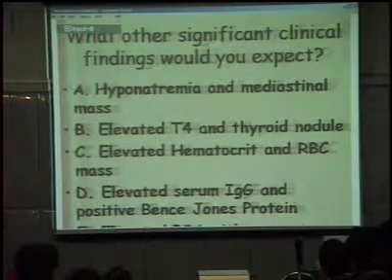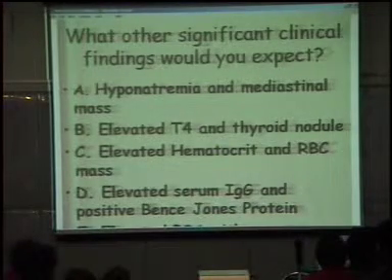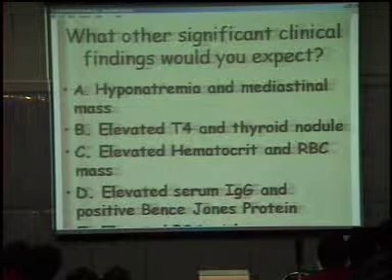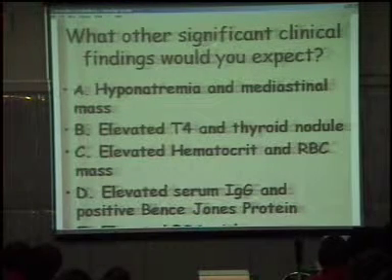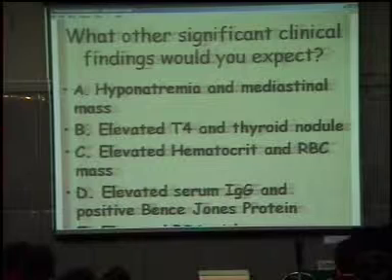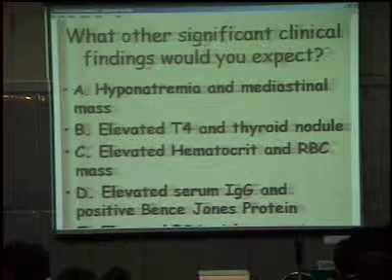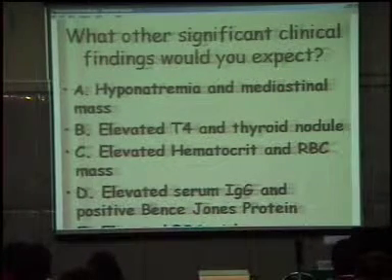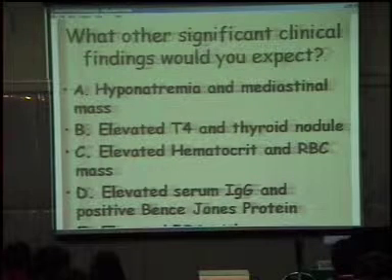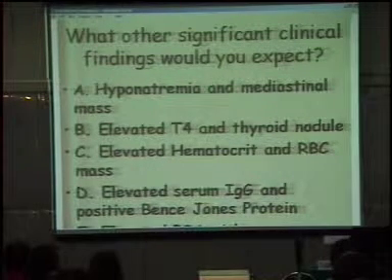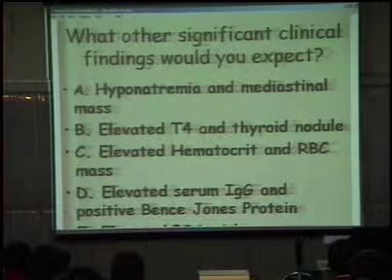We have hyponatremia and mediastinal mass, elevated T4 and thyroid nodule. What other significant findings are we looking at? Elevated hematocrit and RBC mass, elevated serum IgG and positive Bence-Jones protein, and then something else at the bottom that we can't see.